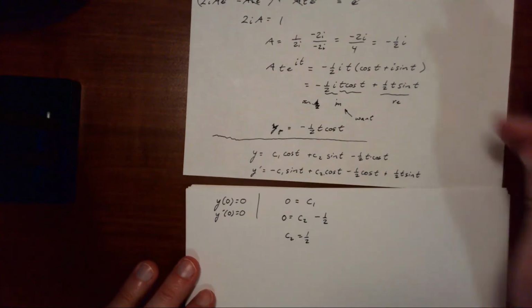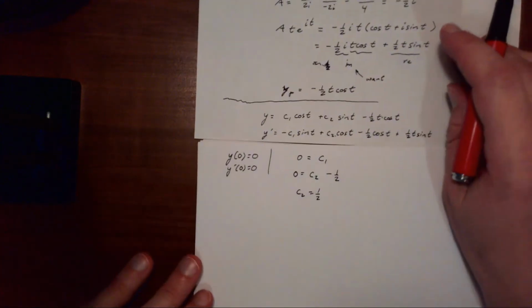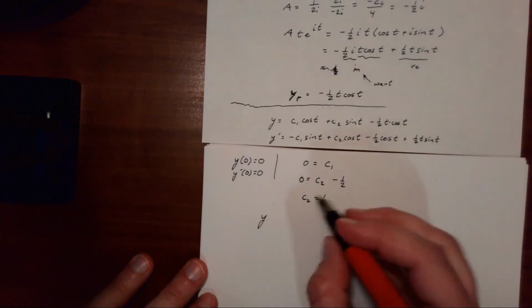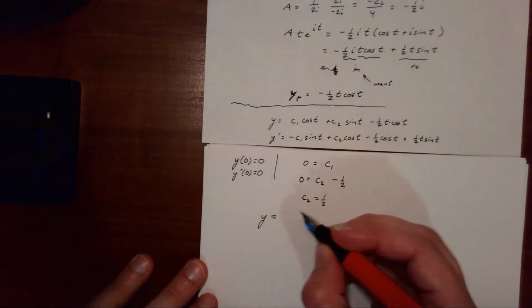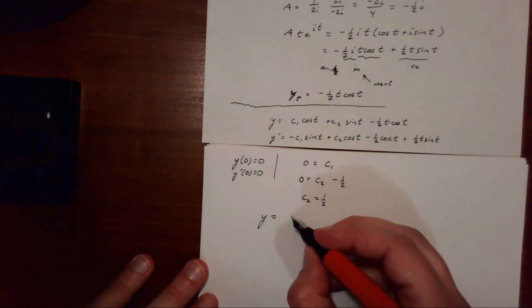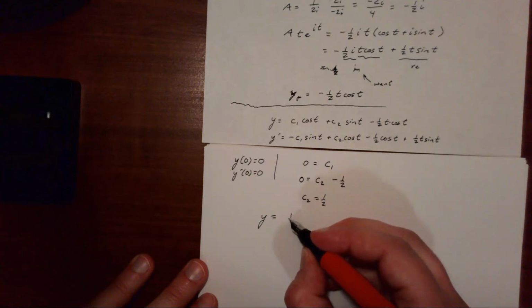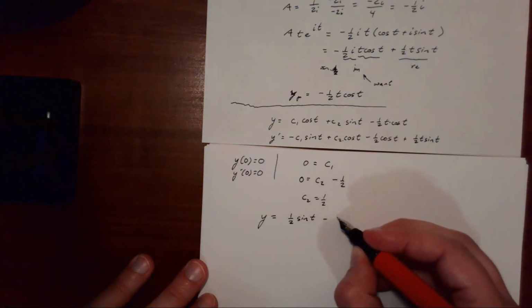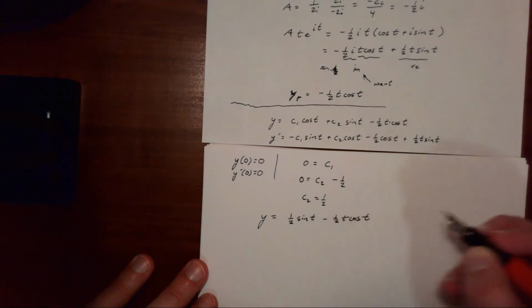So what is that going to leave us as our overall function? It looks like our overall solution here is going to be y equals, so c1 was equal to 0, so we're going to have 1/2 sine of t minus 1/2 t cosine of t.